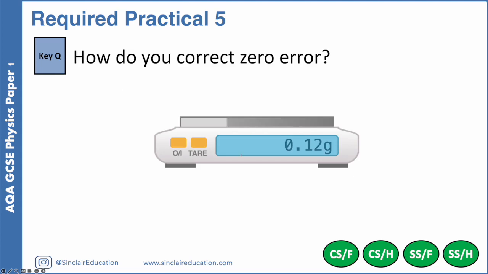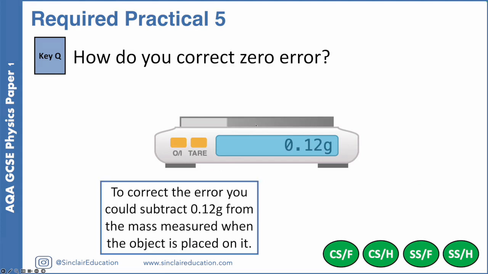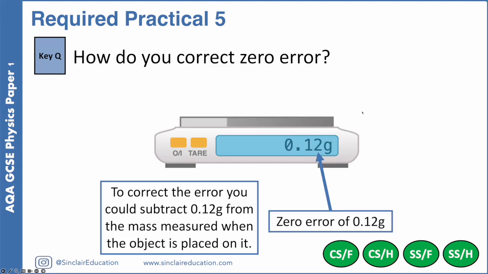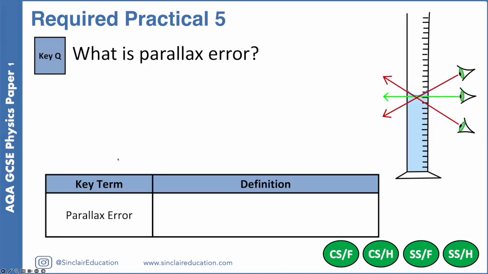If you do identify at the end of your result taking you've got a zero error, you need to actually identify the value of your zero error and then just subtract it away from all the results that you've taken.